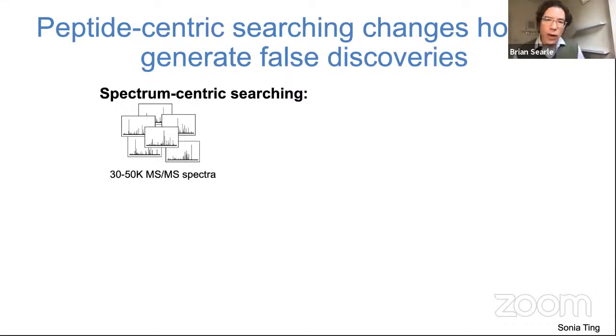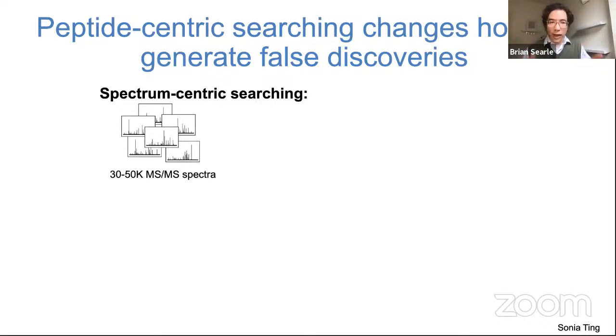Okay, so what are the advantages of this spectrum-centric approach? We can use it like normal DDA-based methods. Here we can take our DIA experiment and condense it down into 30 to 50,000 pseudo MS/MS spectra.